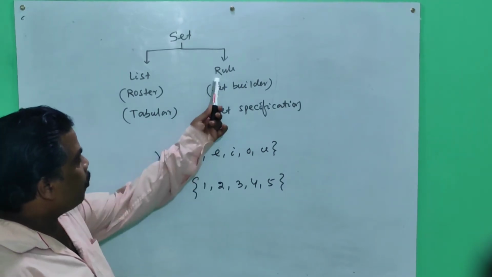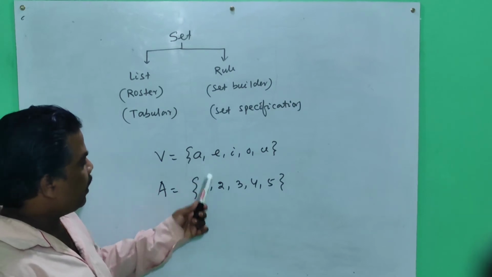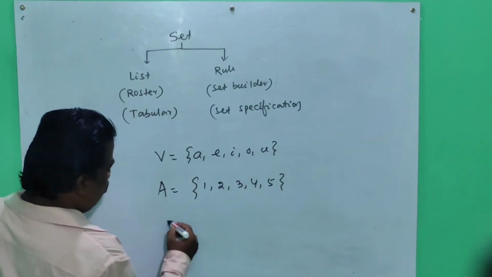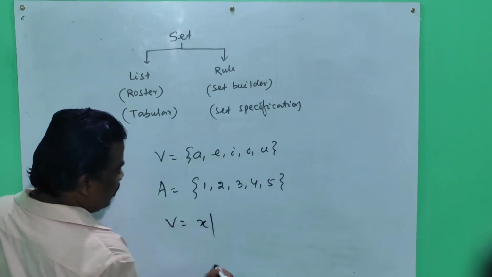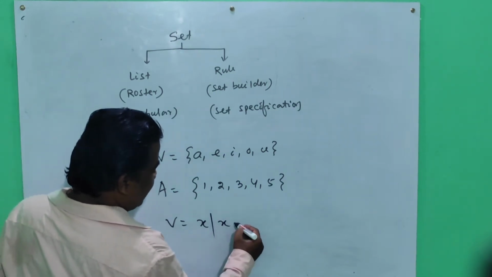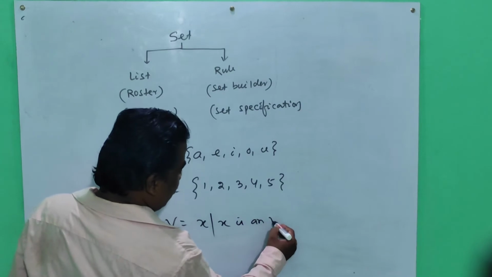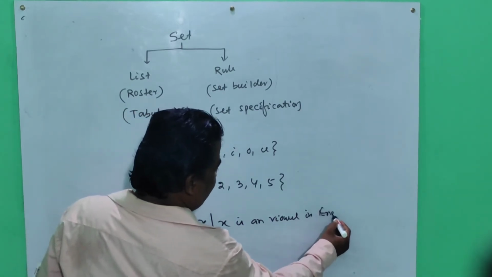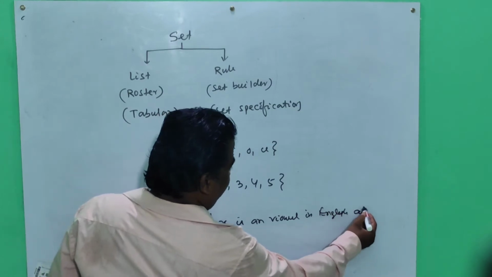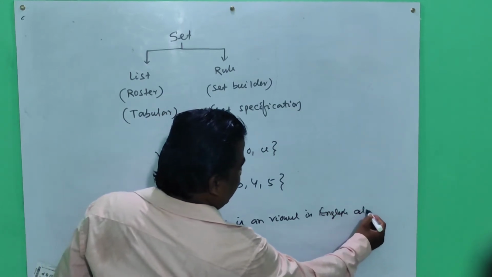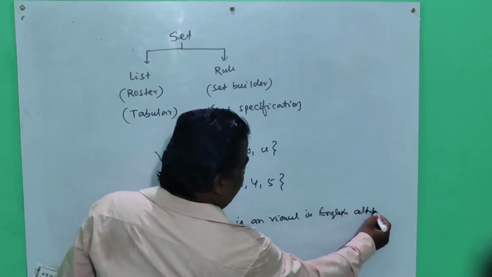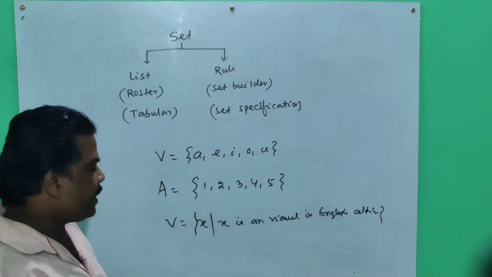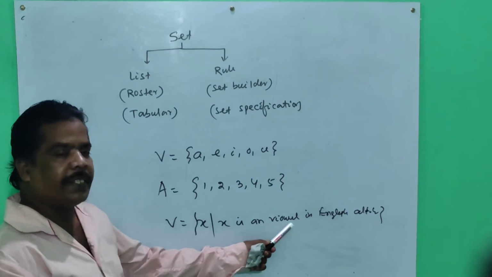If you write in rule form, then we write V is equal to {x such that x is a vowel in the English alphabet}.